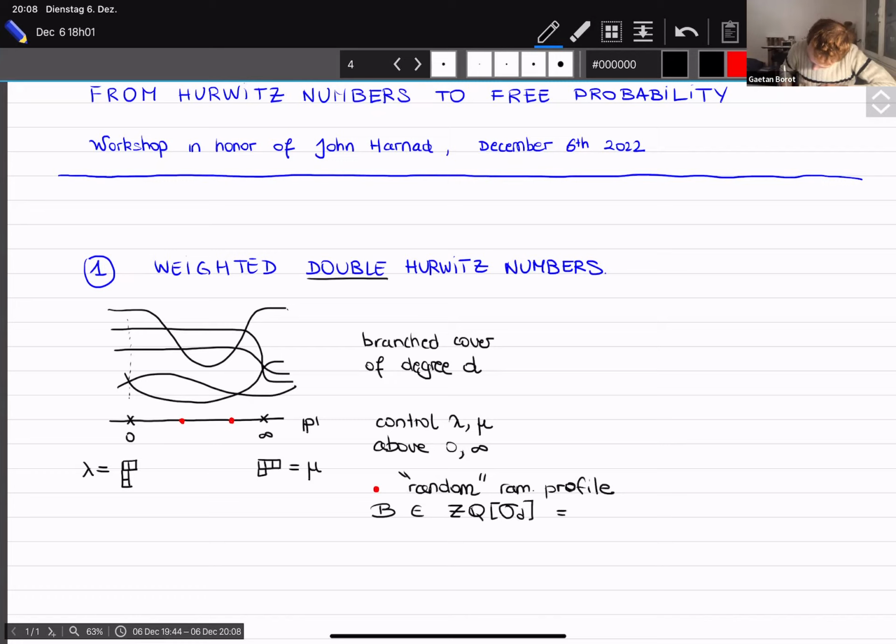So it's a combination of C_lambda, that's the class corresponding to the sum of all permutations that are in a given conjugacy class, whose lengths of cycles are given by the sizes of the rows of lambda. And there may be some coefficients.